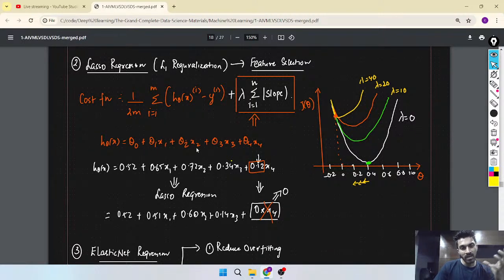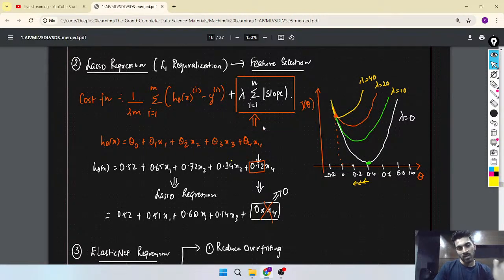Basically it's a negligible change, so if it is a negligible change you can delete it. That's why feature selection is done. If your feature has a high slope, then it is automatically taken, but if it's a low value, then it is automatically deleted.